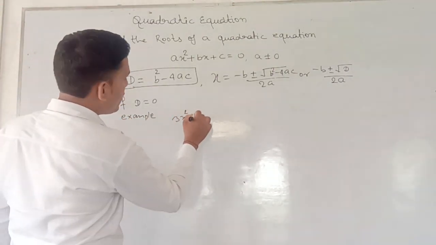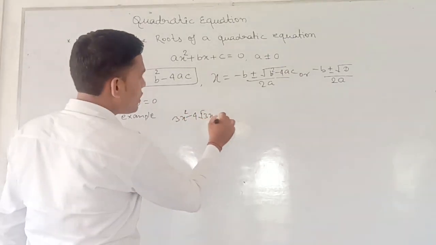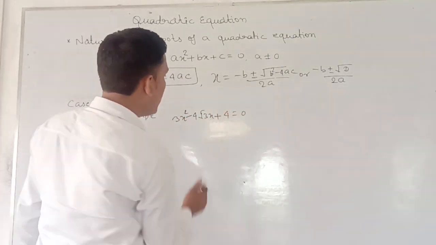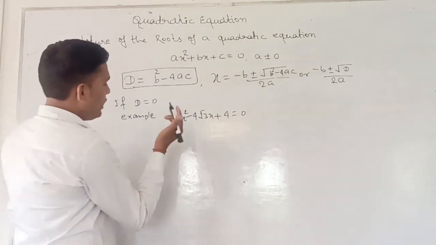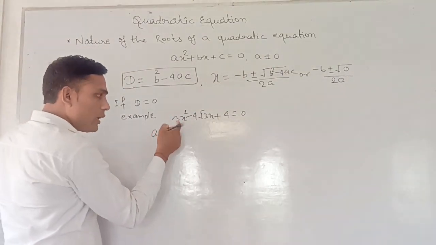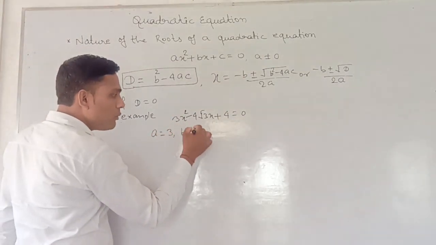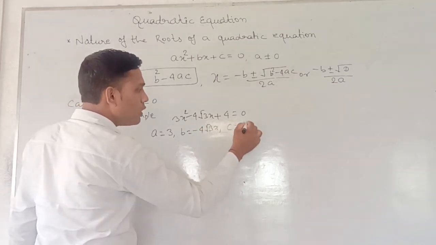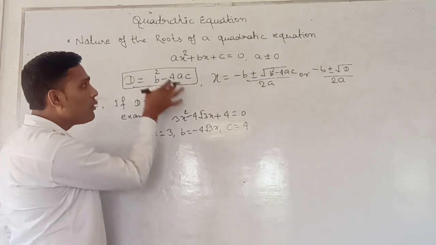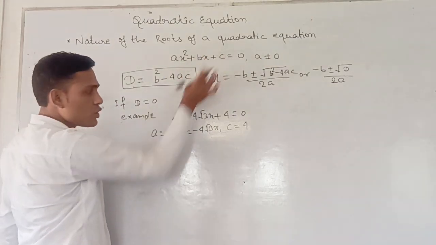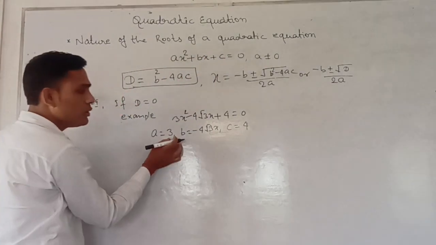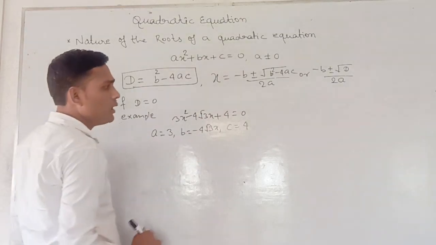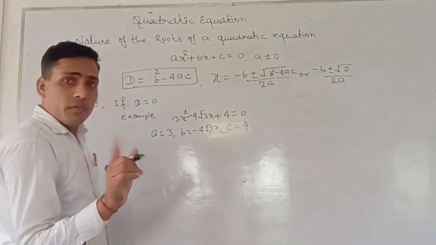Let the example be 3x square minus 4 root 3 x plus 4 equal to 0. We have this equation, where a equals 3, b equals minus 4 root 3, and c equals 4, because it is in the form of ax square plus bx plus c. Now what do we have to find out?